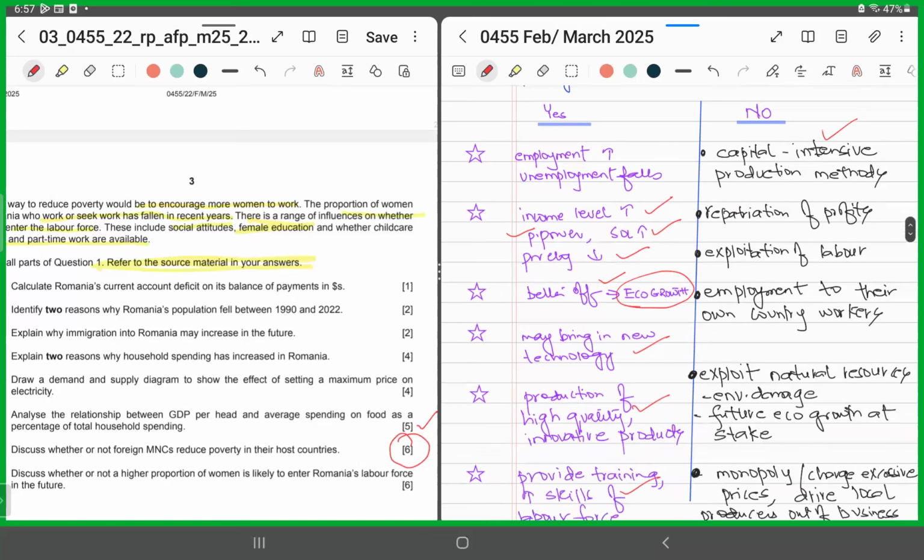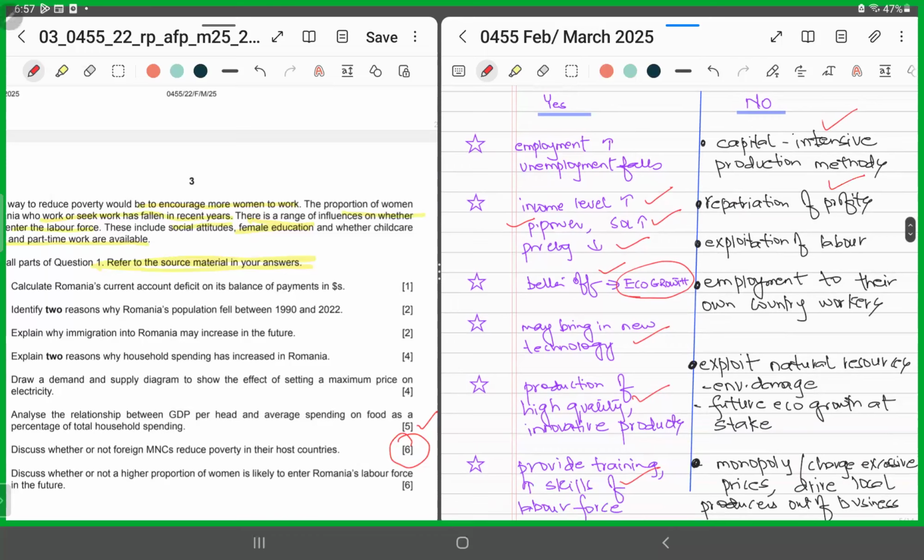It could also be that they might do repatriation of profits, and instead of investing the profits back into the host country, they might send their profits back to their home countries, or they might exploit the labor. If the country provides cheap labor, they might not provide them a sufficient working environment, or they might not provide them a market attractive salary, right? They might not pay them well or might not provide them better remuneration, right?